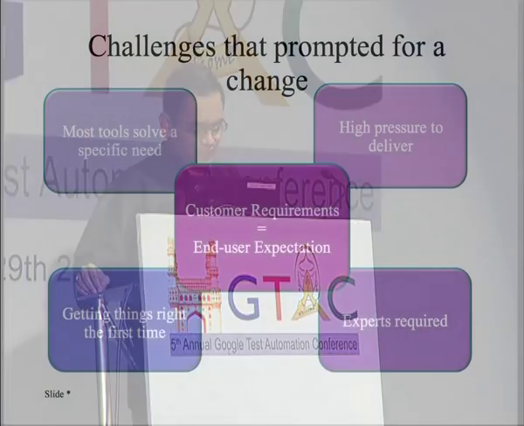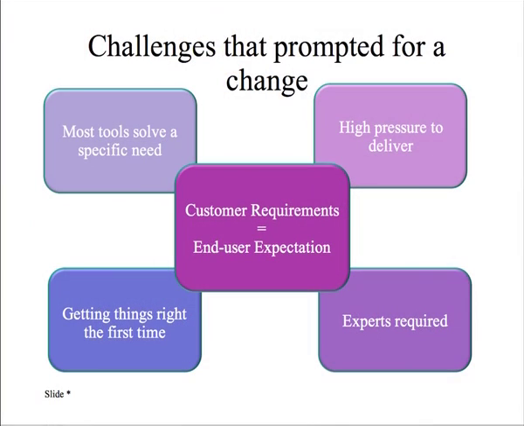In performance testing, it is very critical to get things right the first time, because performance testing in most cases is an afterthought. When the product is about to release, we are told, we are releasing the product in 2 weeks, please do performance testing so that we can make sure we can release the product. So often there is pressure to get things right the first time, and that adds to the pressure on the performance testers.